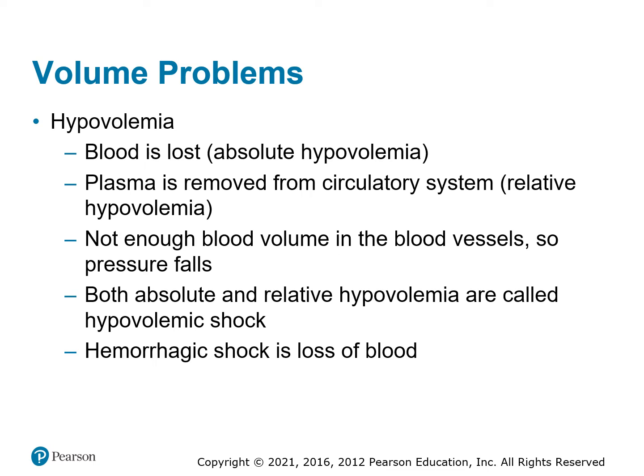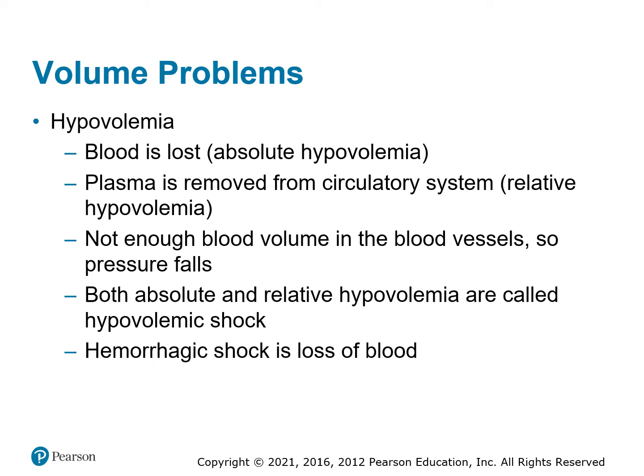So things like severe dehydration and even burns shift this liquid portion away from the blood, and this is called relative hypovolemia. Either way, there's not enough blood volume in the blood vessels, so the pressure falls.